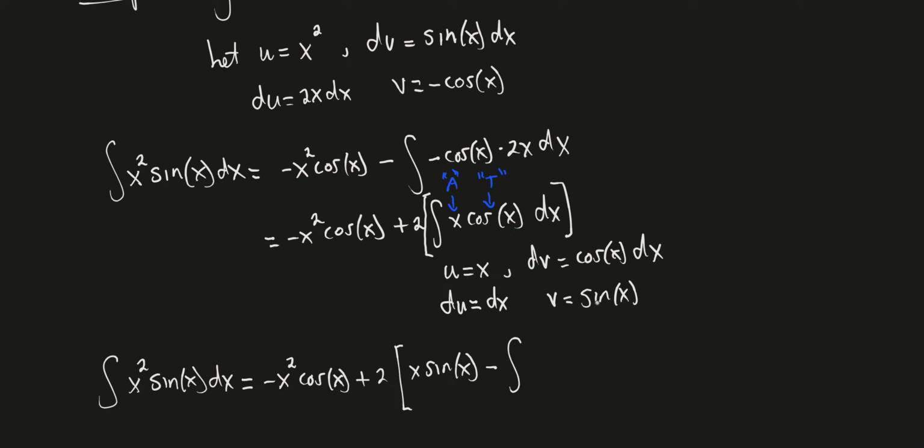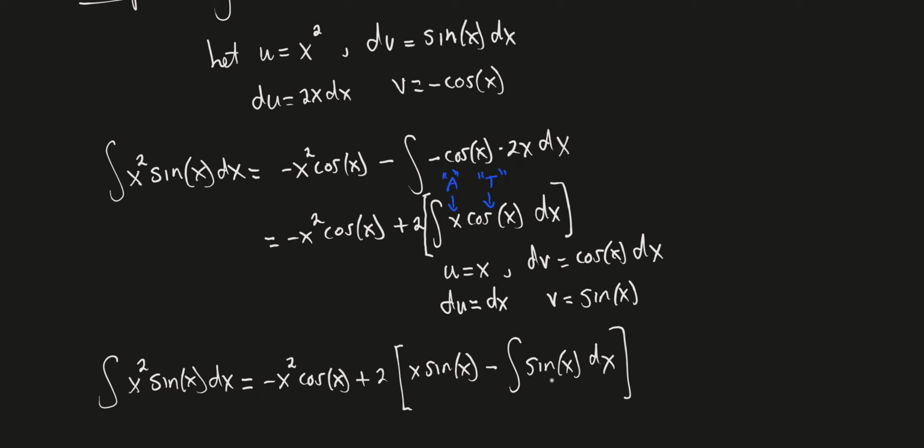This time we'll have our v du, so it's just sine of x, and then our du is dx, right? So that's what it looks like after applying integration by parts twice to this original antiderivative.